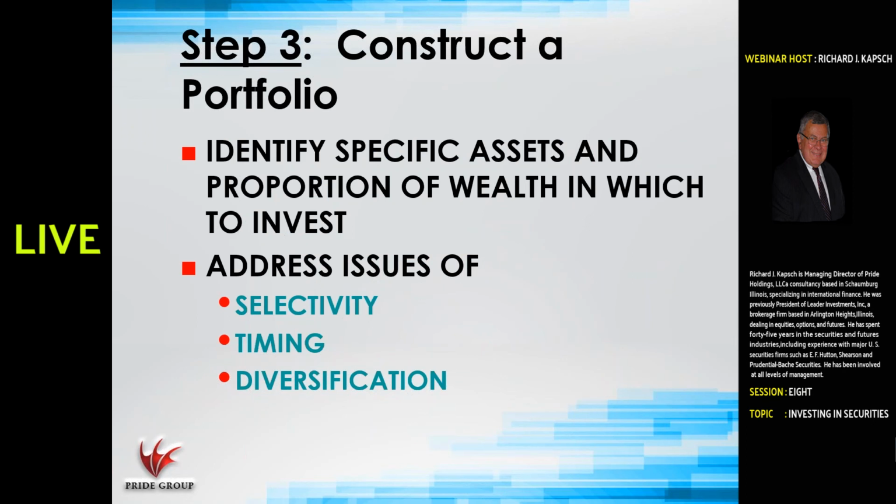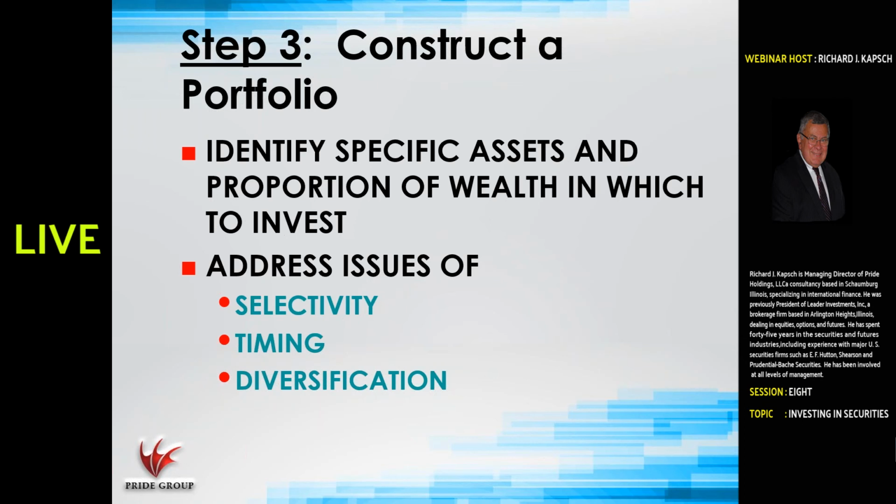Once we've identified these mispriced securities, we want to start to put together a portfolio of securities. And the first sub-step in this step is to identify specific assets and how much of our investable wealth we want to invest in each specific asset. So this is what we call security allocation.